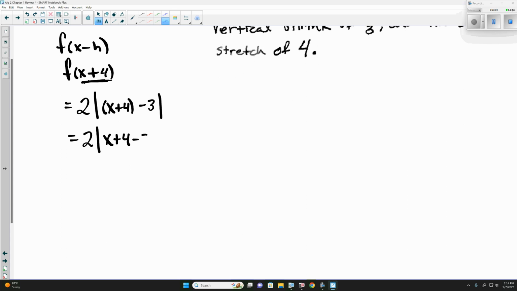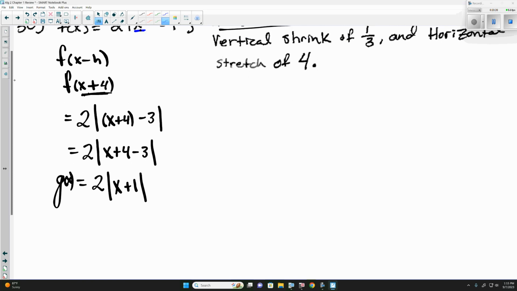Now we can drop the parentheses because there's nothing in front of them to multiply through, so we still have x plus 4. But at this point, our plus 4 minus 3 becomes plus 1. Now to help us out so we're not confusing our original function f of x and this one here, I'm going to call it g of x.